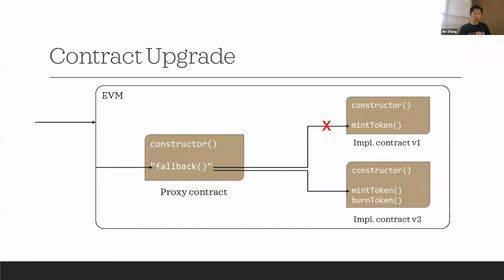Another important aspect to mention here is that even though the actual processing of the transaction is done at the implementation contract, the state that results from the processing is maintained by the proxy contract. So just think of the implementation contract as a library that's being used by the proxy contract. All the processing is happening within the context of the proxy contract.